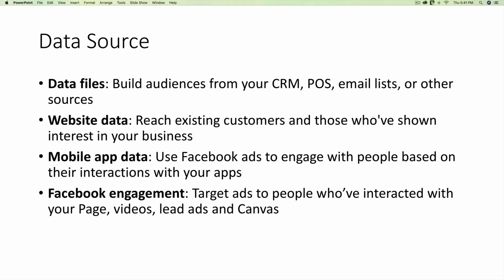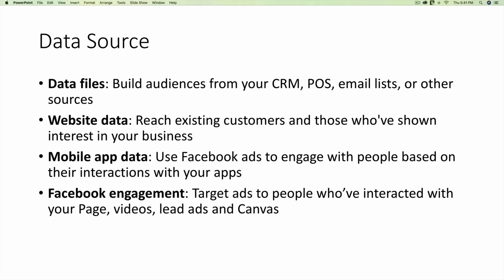Then we have the mobile app data. This is for people who are using Facebook marketing campaigns to promote their app installation. Again, Facebook provides a really good way of customizing and targeting people who are using your apps. Then we have Facebook engagement.